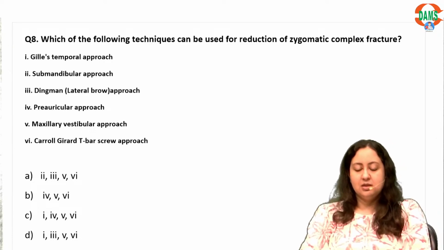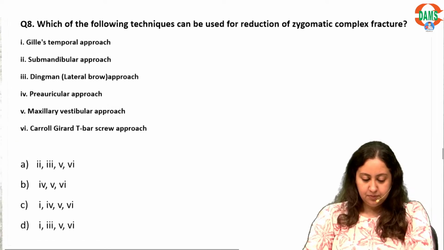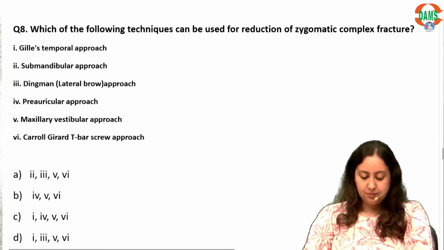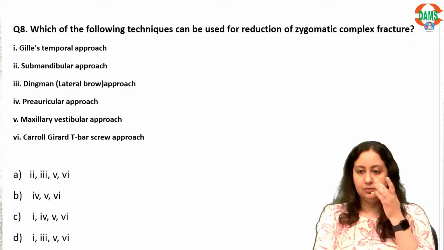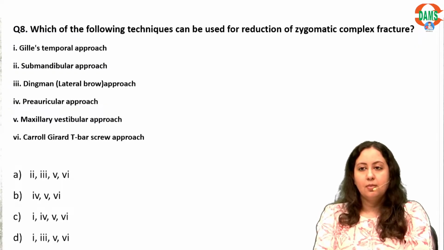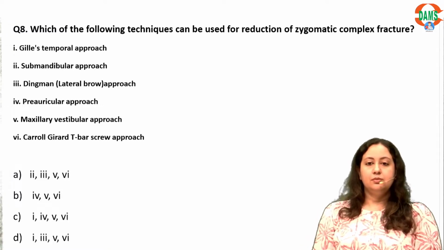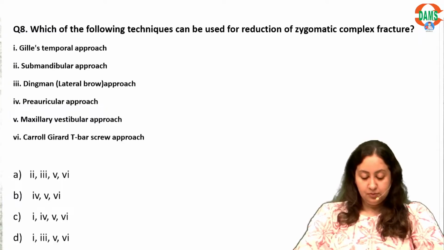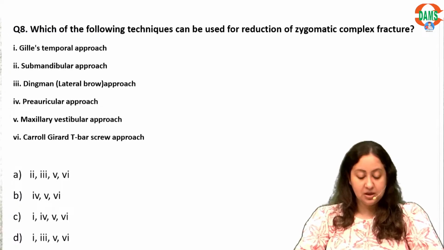So what would be the answer here to question number 8? Please answer, all of you. I want you to answer. This is a multiple option question. Multiple correct option question.